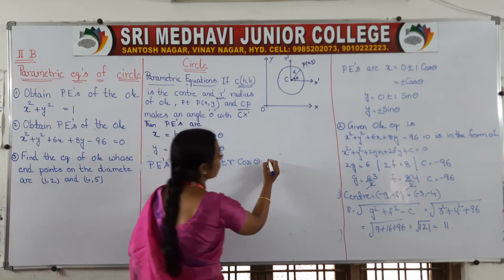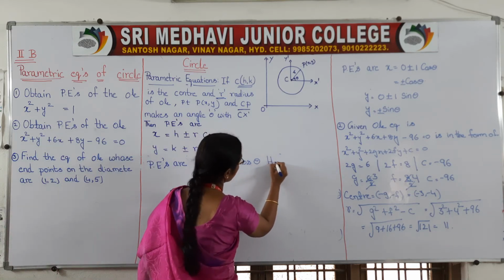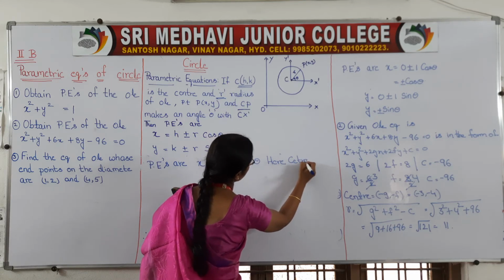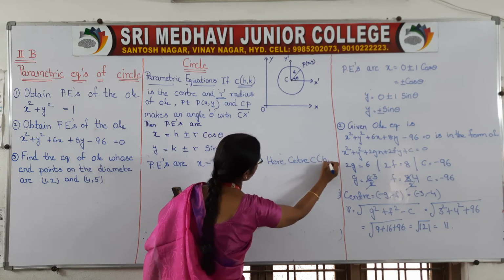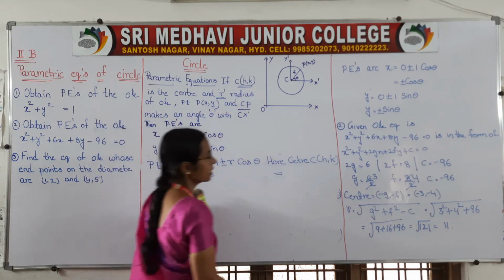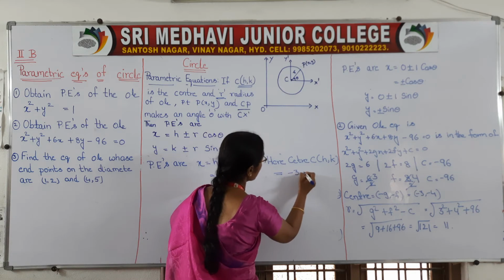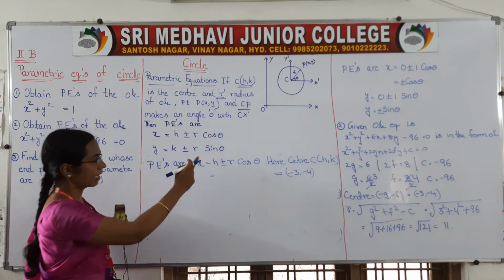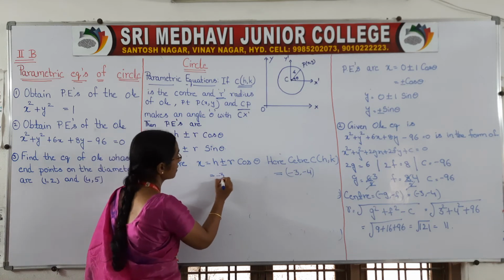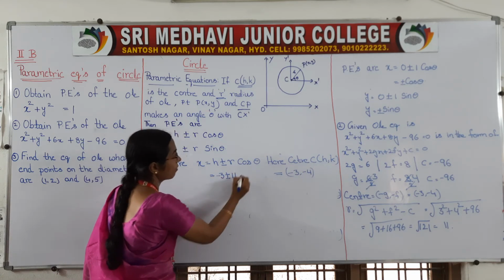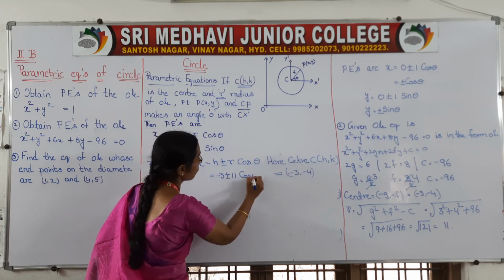Here, what is our center? It is denoted by h comma k, which is equal to minus 3, minus 4. So your values are h is minus 3, plus or minus, what is the value of r? 11 cos theta.